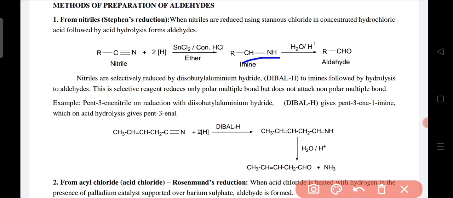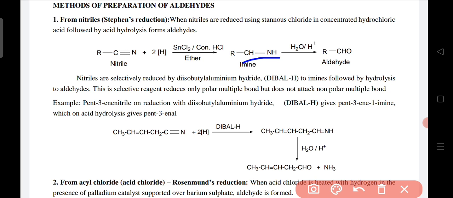This method is generally employed to reduce any multiple bond. To selectively convert nitriles into aldehydes, we have to choose diisobutyl aluminum hydride.